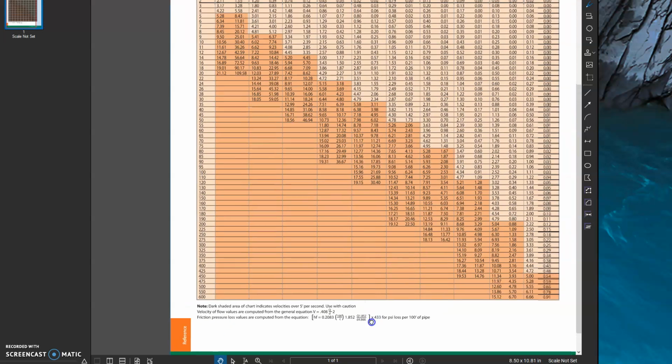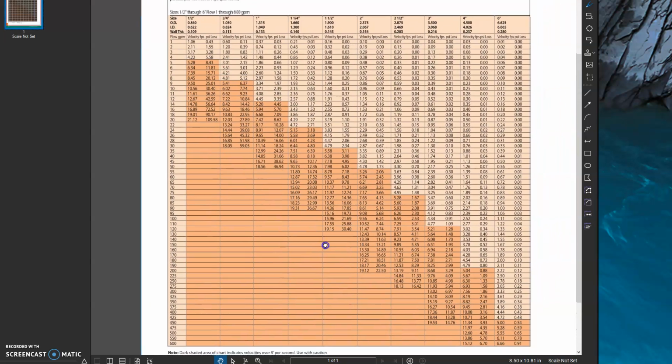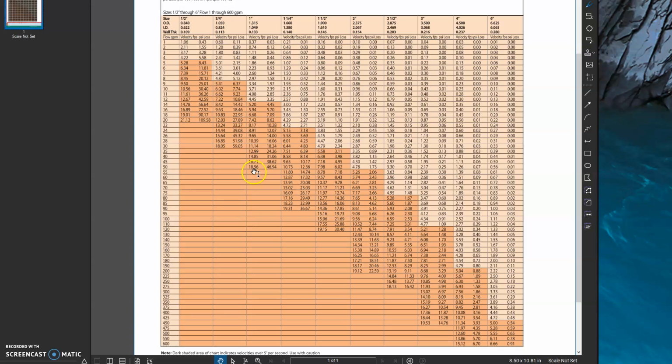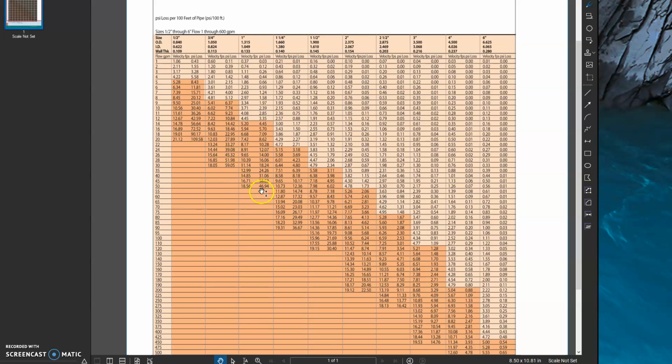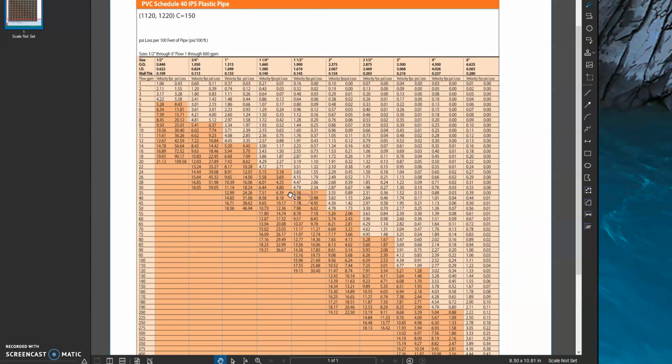So that's why they're the same. In the next video, we're going to be going over friction loss. So I will run one more scenario really quick so you can see how to use this chart.